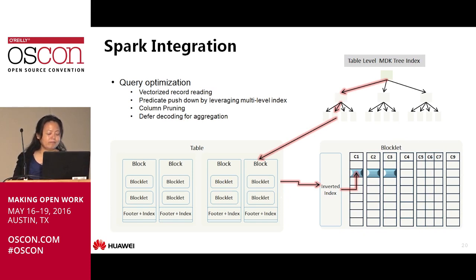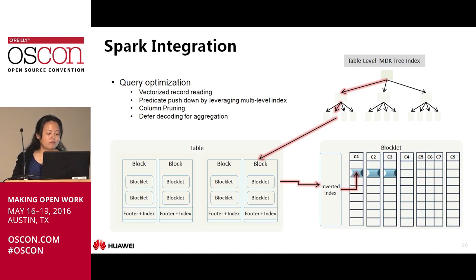Once you identify the files, by leveraging a file-level blocklet index, you can identify the blocklets within a file you need to scan. Then by leveraging the inverted index, you can locate the rows you need to scan.